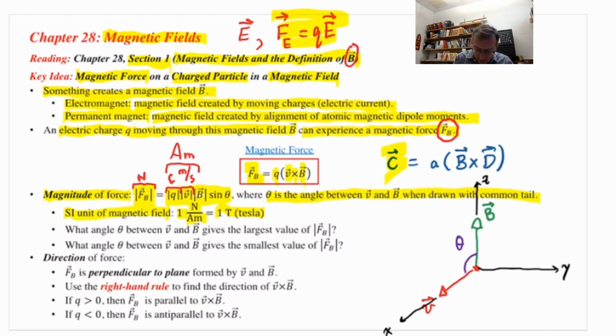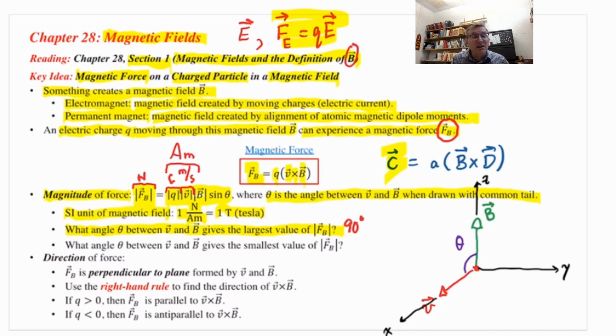Okay, so I just said this, but let's see if we're paying attention. What angle theta between v arrow and B arrow gives the largest value of F_B magnitude? Do you have the answer? Did you say theta must be 90 degrees, like my drawing?